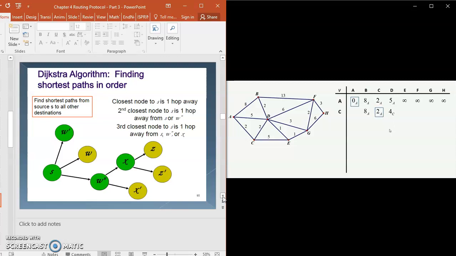I can get from vertex C to E with a weight of 5, so 5 added onto the 2 gives me a weight of 7 in total, again coming from vertex C. I can't get from C to F, or to G, or to H, so those are going to remain unreachable.